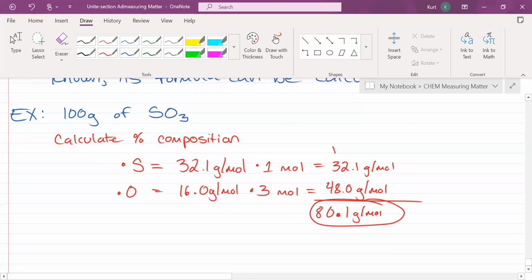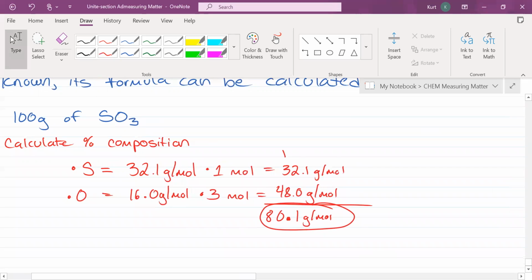Okay. Now, you need to find the percents.